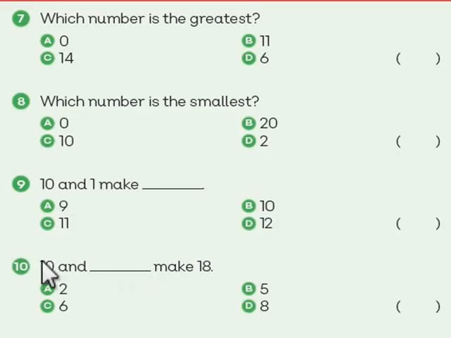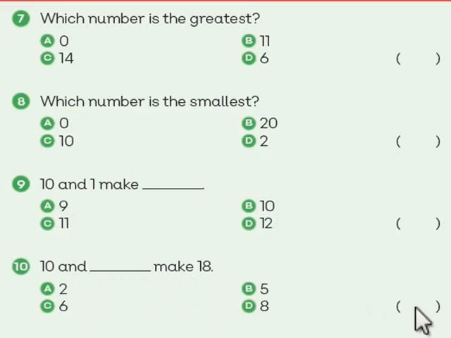A, or B, 10 and 5 make 18. That's B. Or C, 10 and 6 make 18. Or D, 10 and 8 make 18. A, B, C, D. Very good.